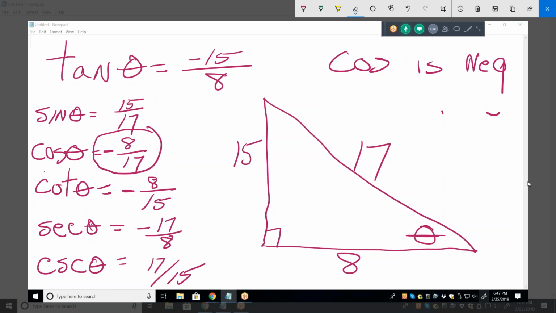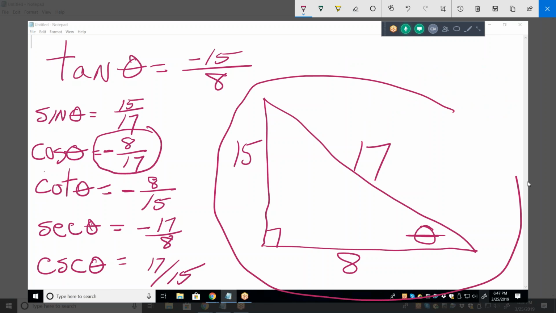So whatever other piece of information they give you, that's going to be enough to tell you what quadrant it's in. So when I draw this triangle, I'm not paying any attention to which quadrant it's in. I'm doing everything based on the first quadrant. Then I'm adjusting the plus and minus signs based on what quadrant it's in.